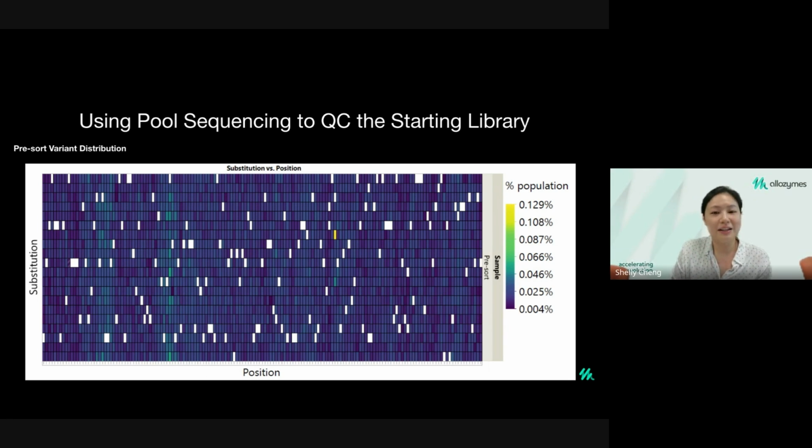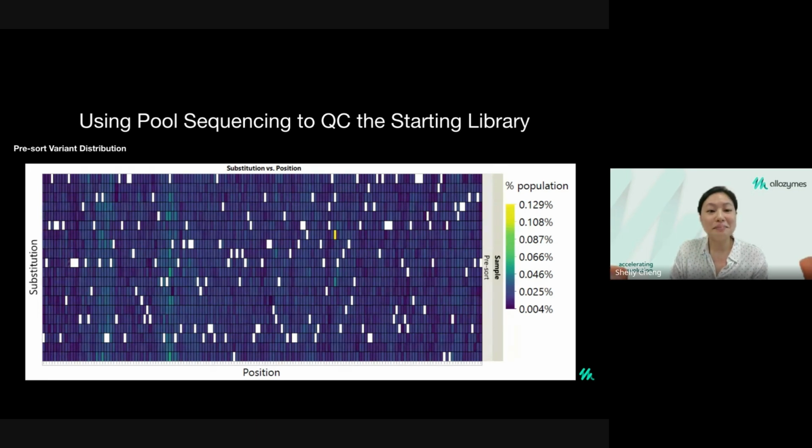Each tile in this heat map indicates 1 unique variant. You can see the percent population of each variant ranging from 0.004% to 0.129%, and it's mostly homogeneously distributed. The median of these populations is about 0.02%, with some a bit higher.